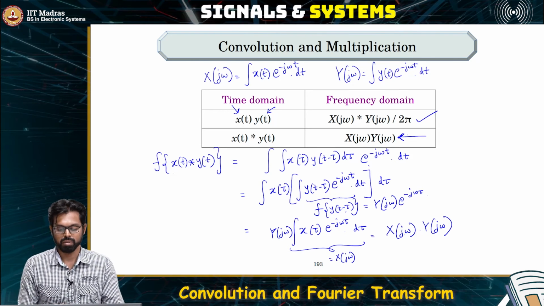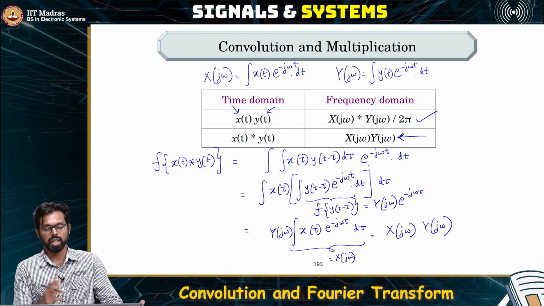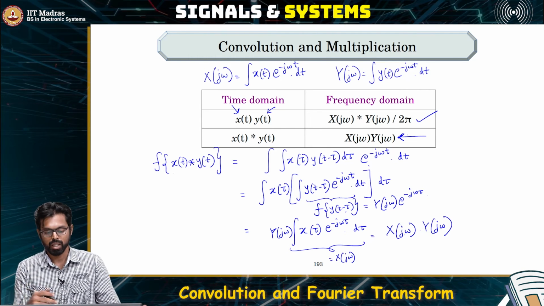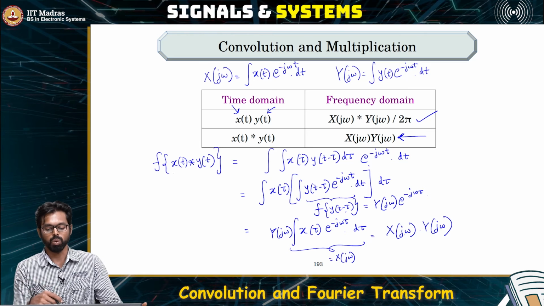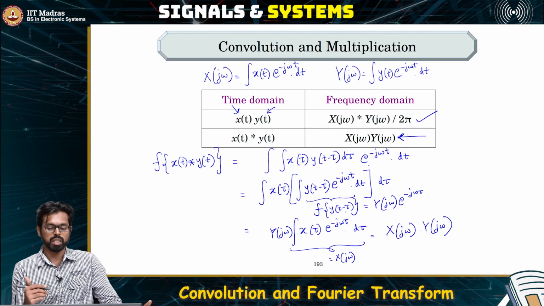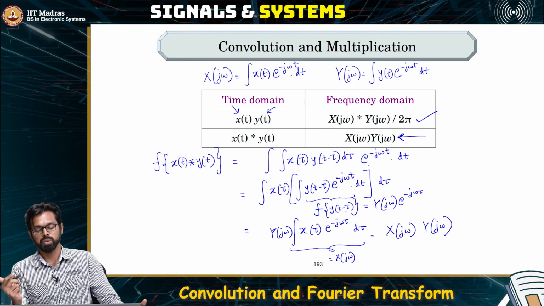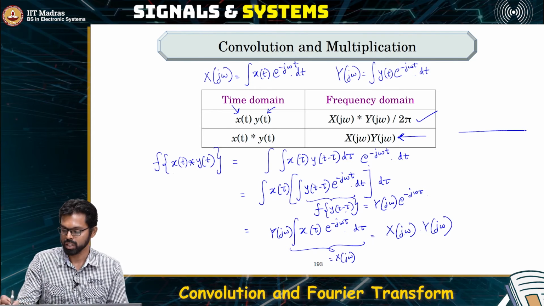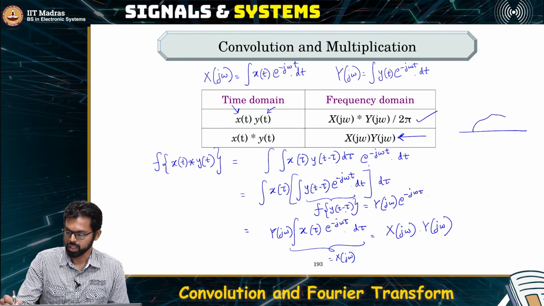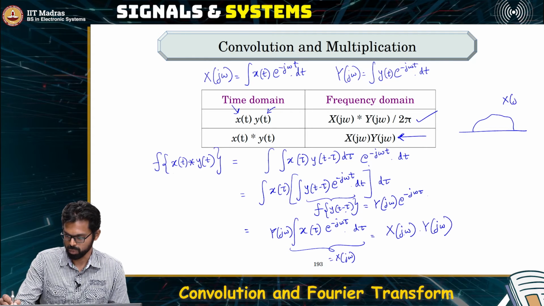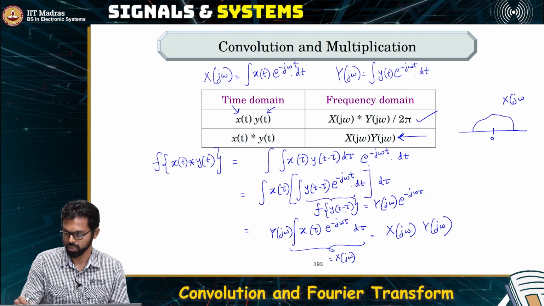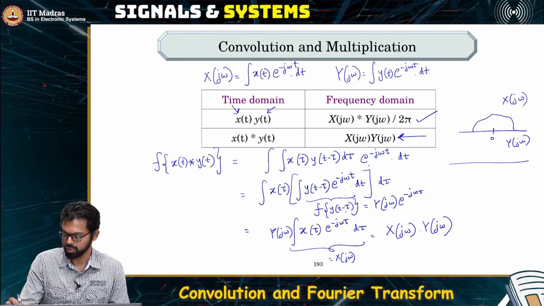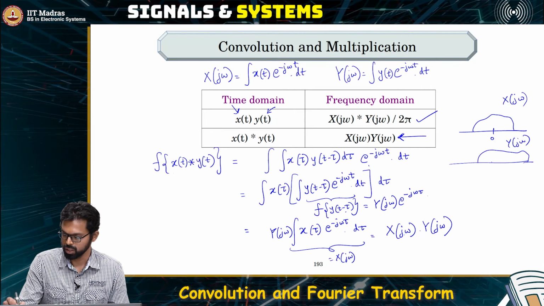So if we have a signal x of t and it has some bandwidth bx, and another signal y with some other bandwidth by, now the convolution of these two will result in a bandwidth which is no greater than either. Why is that? Because let us say x of t's spectrum looks like this. This is X of j omega, this is 0. And let us say this is Y of j omega, which looks something like this. This is 0.